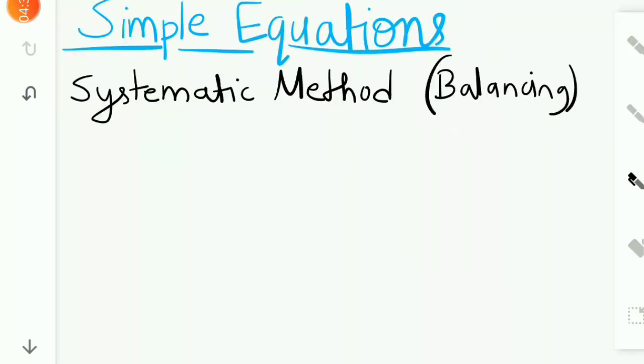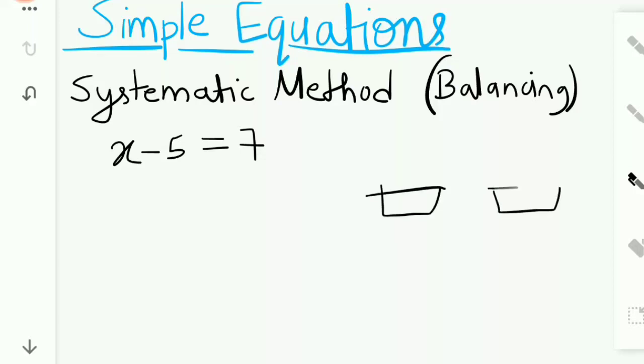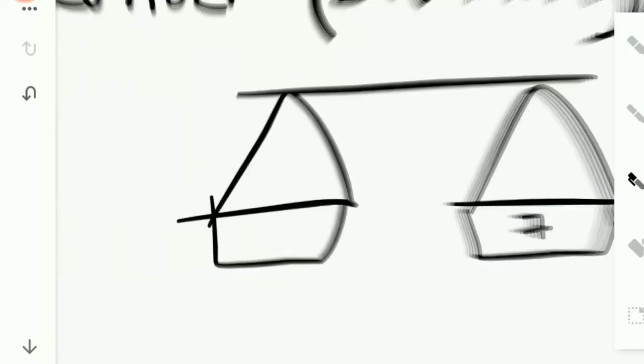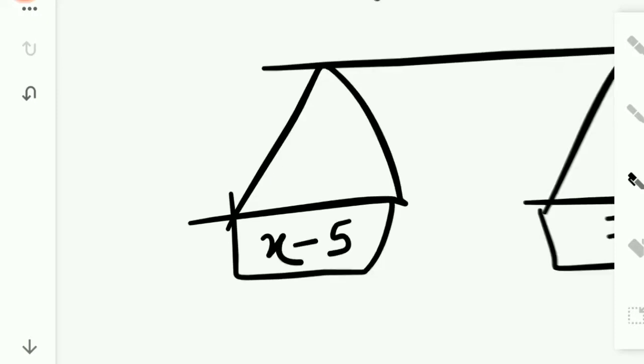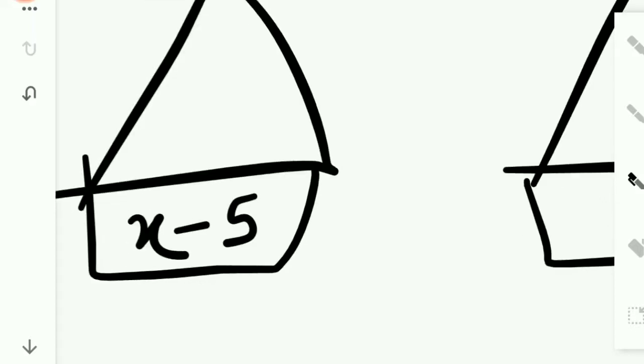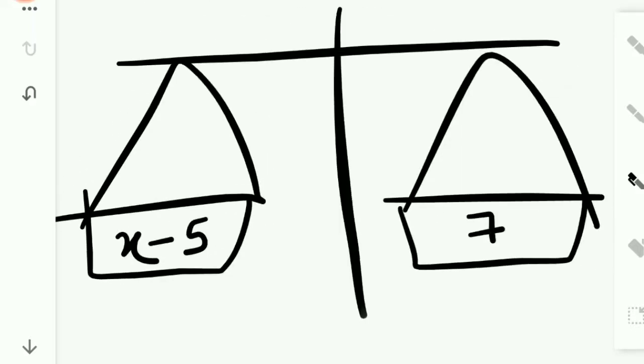Our next method is the systematic method, that is balancing. So let's do that with this equation x minus 5 equal to 7. So here comes our balance scale concept, the measuring scale. I have here 7 and x minus 5. x minus 5, that is equal to 7.